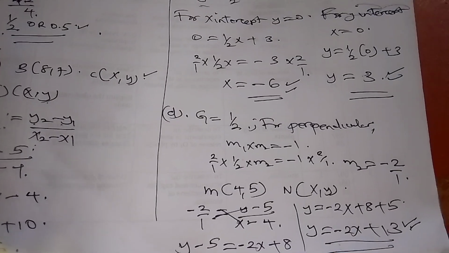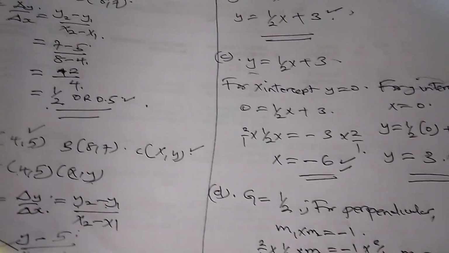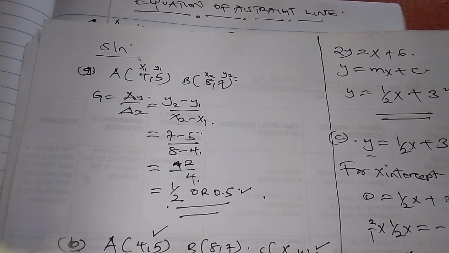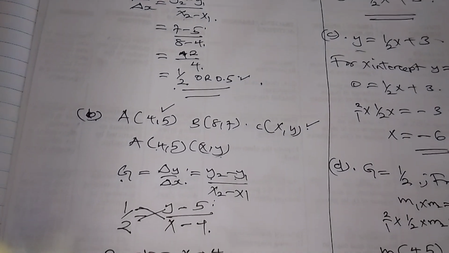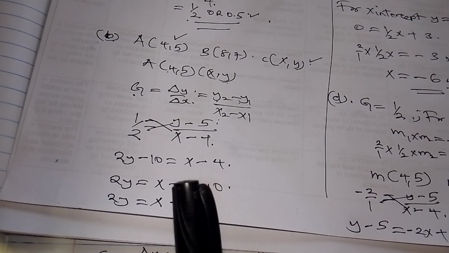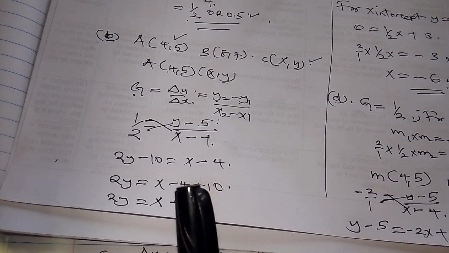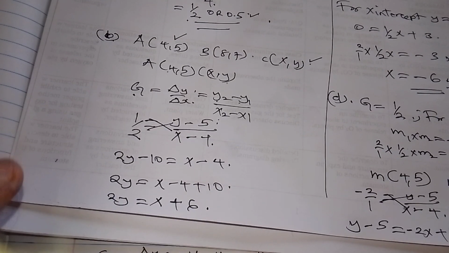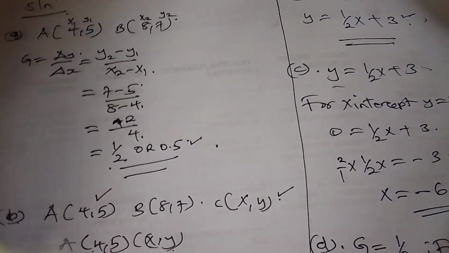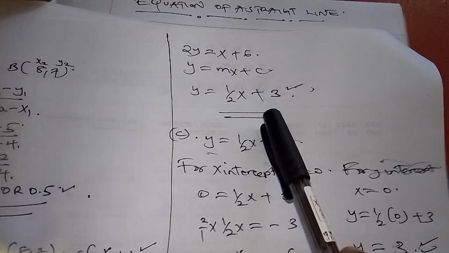Now, this is our entire solution to that question. From question 1, we got the gradient. In question 2, we got the equation in the form of y is equal to mx plus c, and here we have the answer.